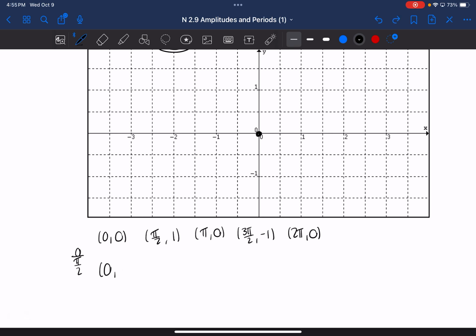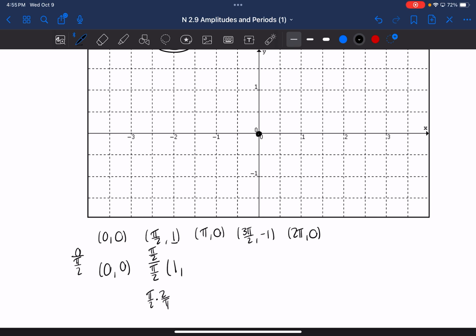All right, here I'm going to have pi halves divided by pi halves. Or, in other words, pi halves times the reciprocal, 2 over pi, which is going to give me 2 pi over 2 pi, which is equivalent to 1. So this became 1.